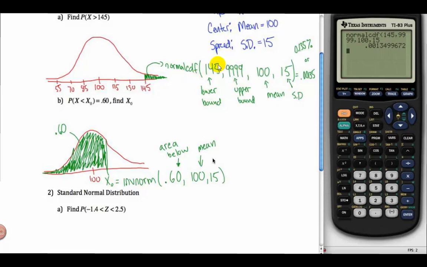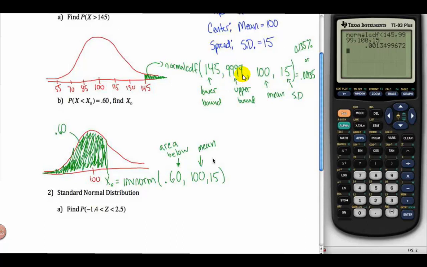Well, we need to put in our calculator, we have normal CDF. We go to second distribution. We find normal, I think it's the first one, and it'll put a parenthesis. We put the lower bound, which is 145. The upper bound, which is a 1 with lots of zeros, or here they put 9,999.